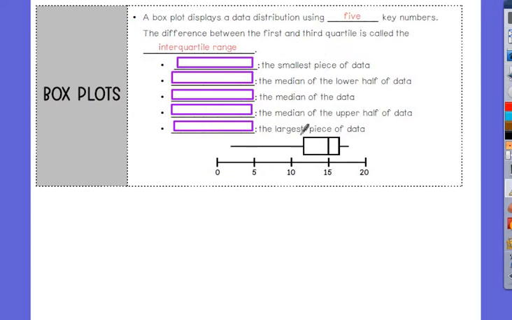And the next 5 is our 5 pieces of numbers that we need to create our box plot or box and whisker. The smallest piece of data, what's another name for that? Starts with an M. Minimum. So we need our minimum number.